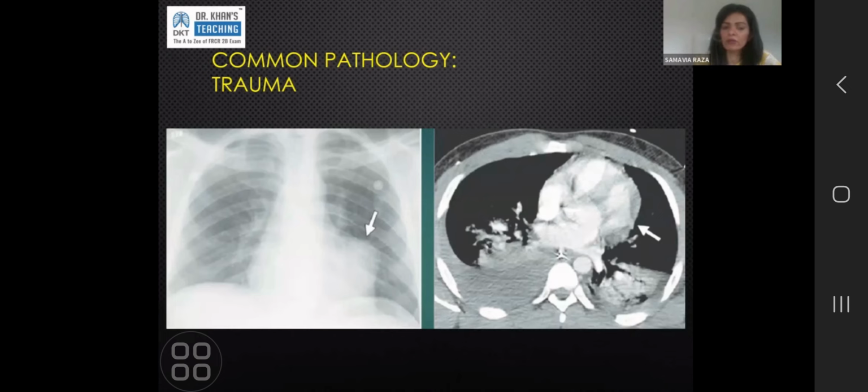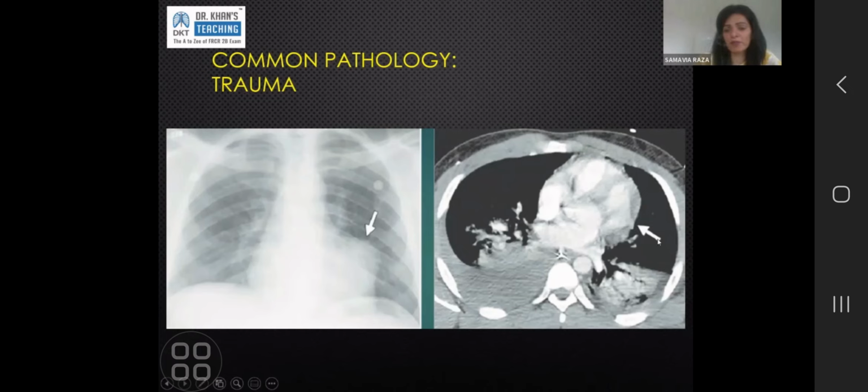They can also look like what is a normal variant, so that's called a myocardial crypt. So you can get what looks like a defect in a normal patient, and that's called a myocardial crypt. And that is what someone may have dismissed this as, this defect in the myocardium.